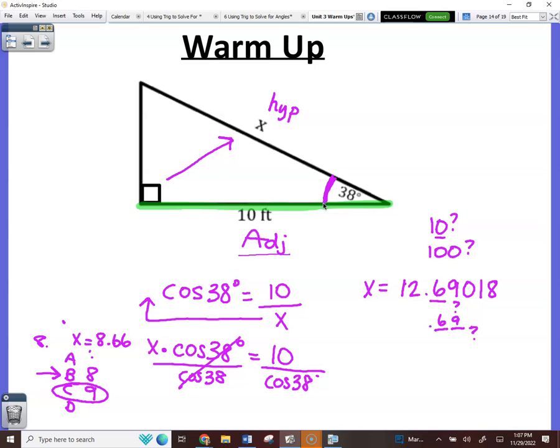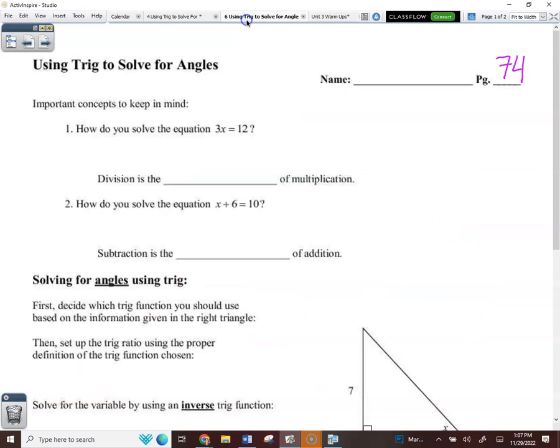And we had a warm-up also that reminded you, you set it up: trig function, angle measure, equals, fraction bar, and the fraction gets filled in based on the formula. Yes? Okay. Where am I going with this? We're going right here. Let's ease into it.